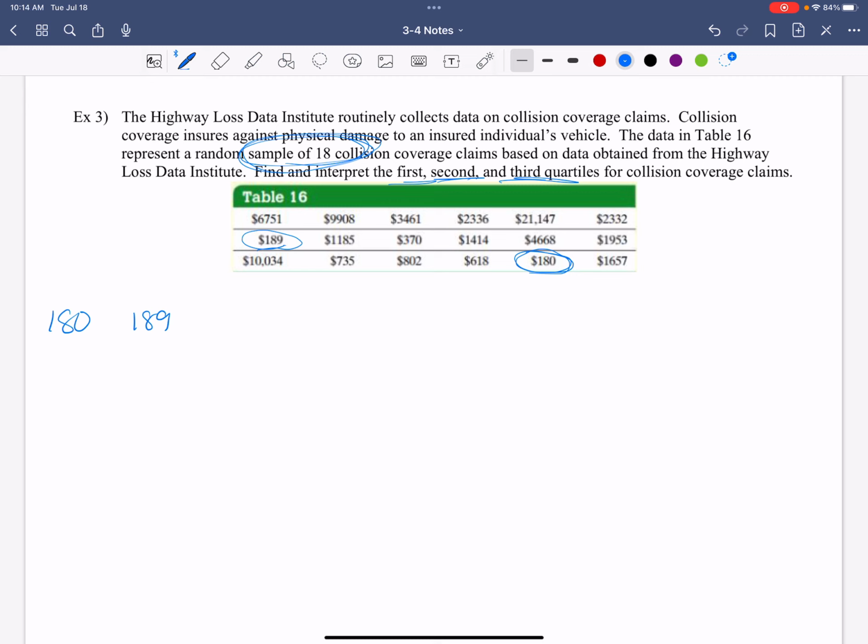I'm probably going to have to do 2 lines, but that's okay. What's next? 370 is the next one that I see. Then 618. And 735. What's next? 802. I think that's what's happening there.